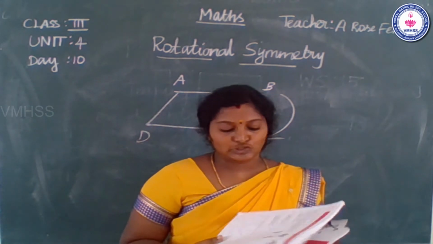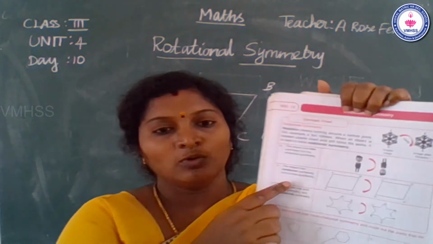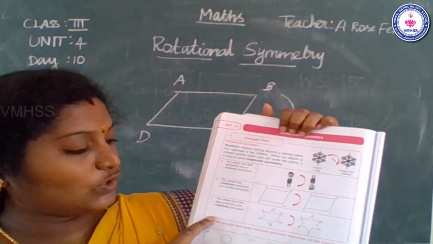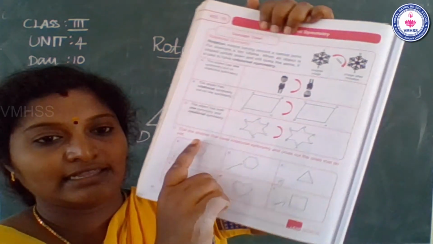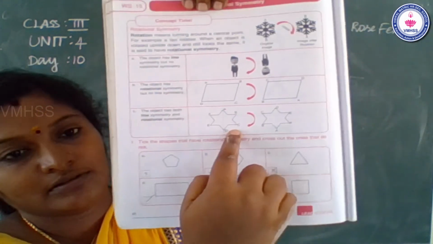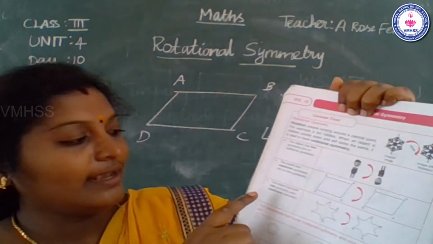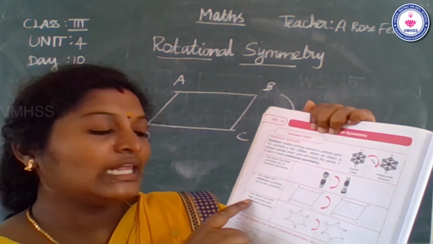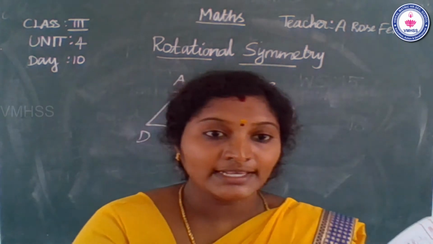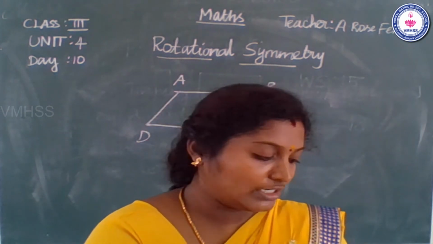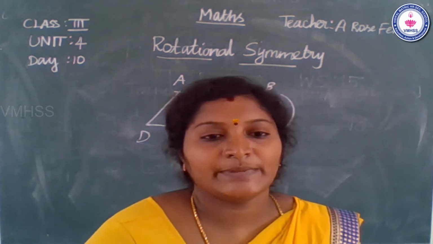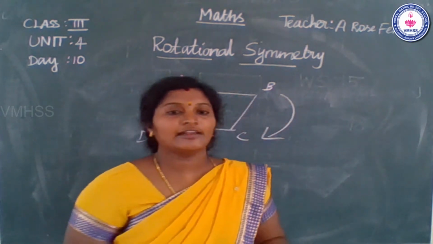Okay, so next picture, so first, second one, only rotational symmetry. So last picture is a star. See there. So the object has both line symmetry and rotational symmetry.